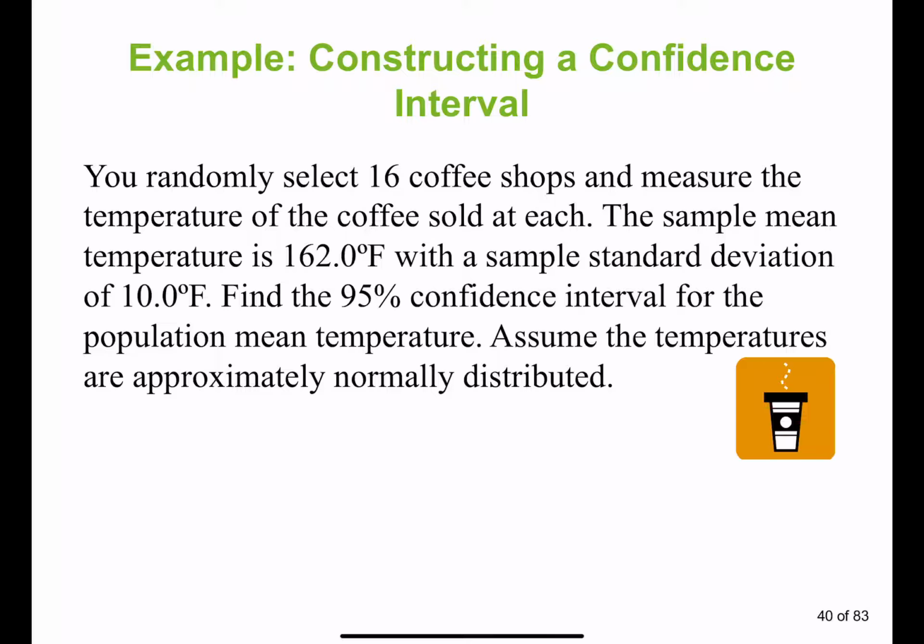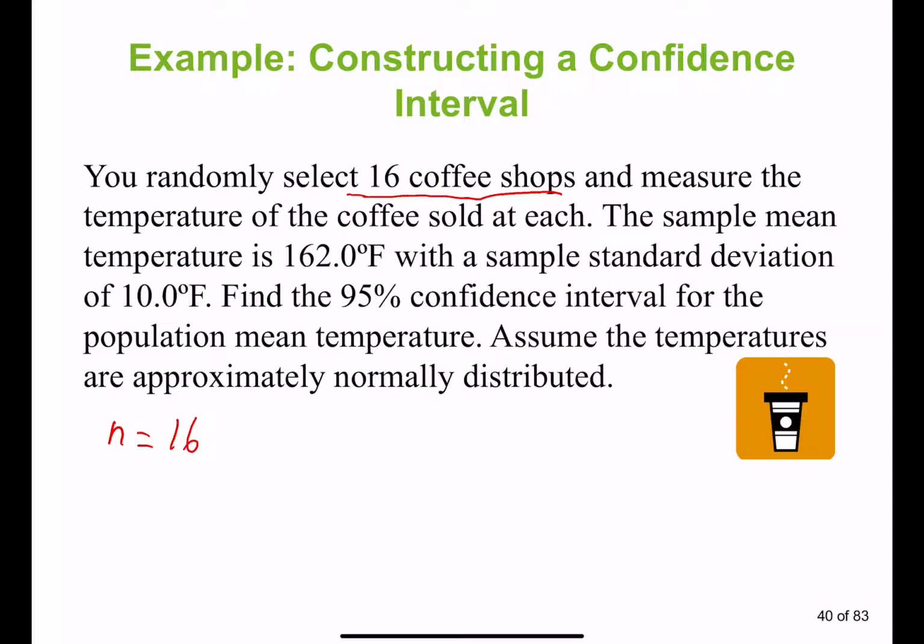So what do we have here? We randomly select 16 coffee shops and measure the temperature of the coffee sold at each. 16 coffee shops. What is that going to be? Of course, it's going to be the sample size, right?